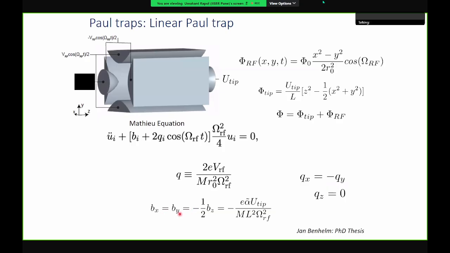QX is the negative of QY and QZ is 0. And this Q parameter is related to the amplitude of the RF and the frequency. Of course, the charge to mass ratio of the particle, e by m, and R0 is the minimum distance between these linear electrodes.